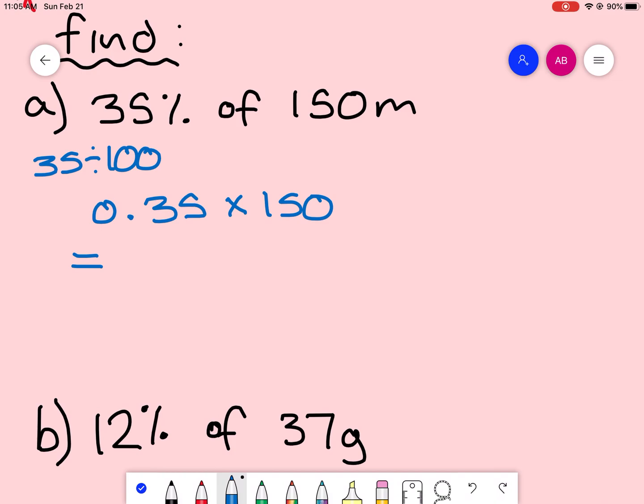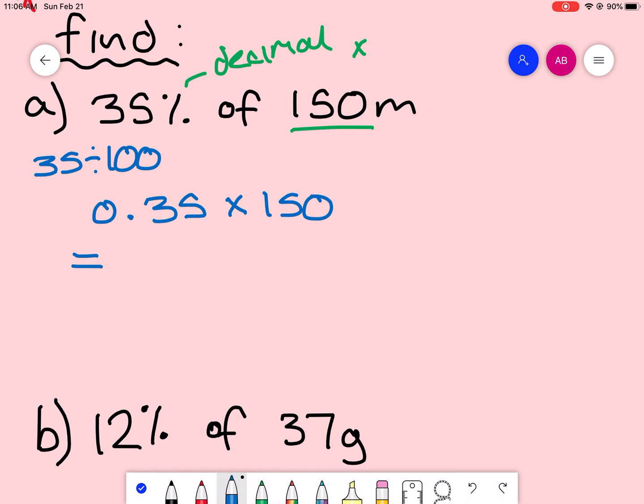Please don't try and take the decimal of that number and make that 0.150. That's not what we're doing here. We are taking the decimal of the percentage, timesing it by the whole number. So it's that number we change into a decimal, the percentage, and then we times it by the number we're given in the question.